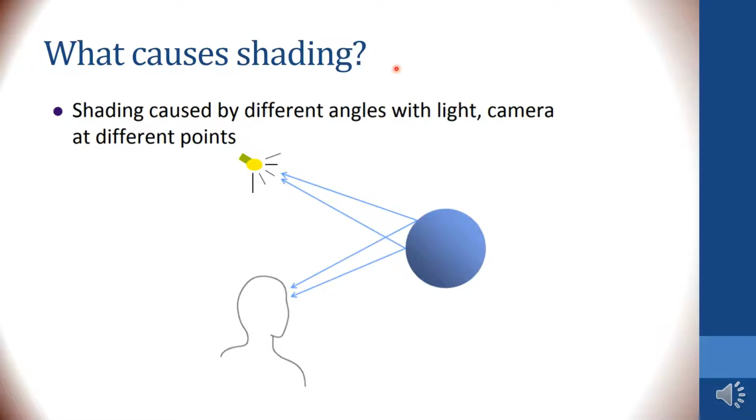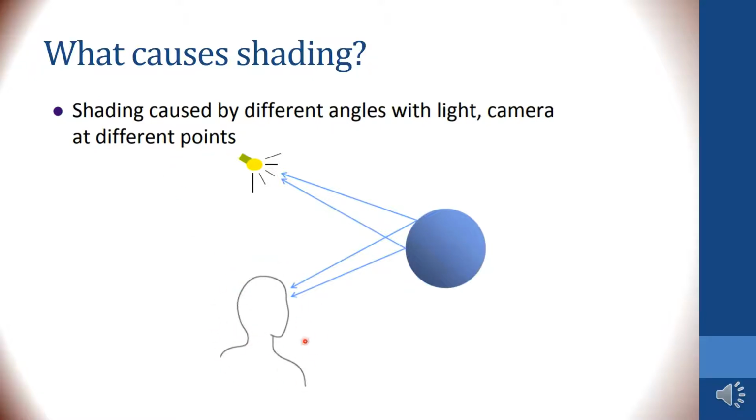What causes shading? How does shading happen? Basically, shading is caused by different angles with light and camera at different points. So this is how shading happens. For example, here is the figure of a human.